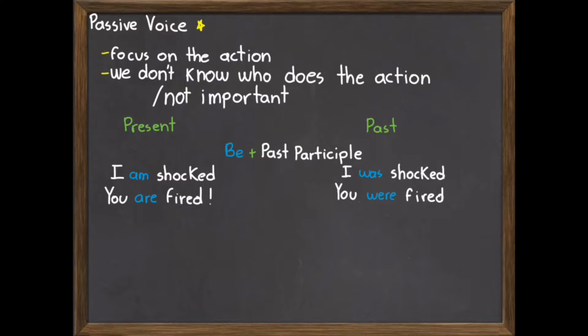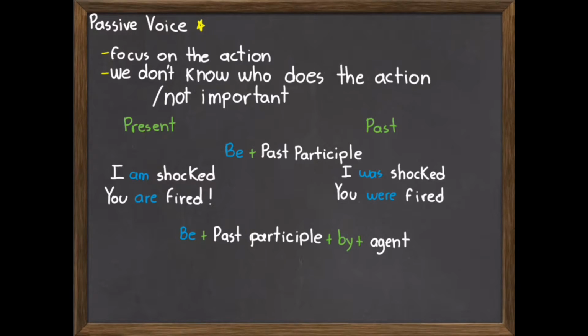Now, remember, we use the active voice to focus on the agent, but the passive voice to focus on the action. If we want to say who did the action, we can use by and then add the agent. So like this. It would be the form of the verb to be either in the present or in the past, the past participle of the verb we're using, followed by, and then the agent.